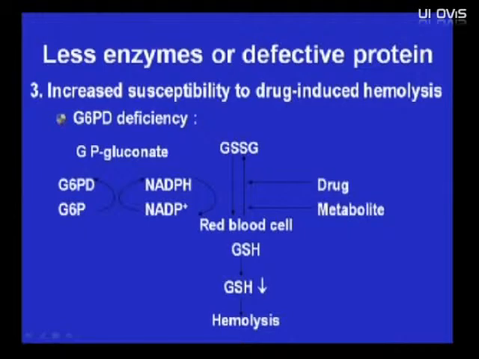Now, since the red blood cell is exposed throughout its life to oxidants, the reduced glutathione, which has been oxidized, must be recycled. And this is done by G6PD. As shown here, the biochemical pathway is the conversion of G6P to 6-phosphogluconate, catalyzed by G6P dehydrogenase.